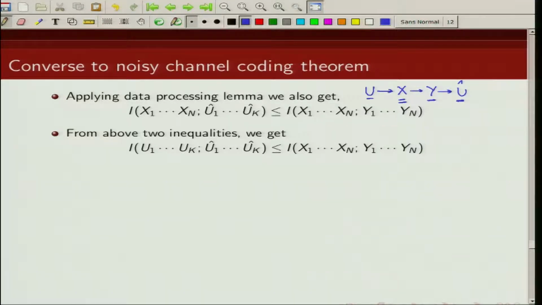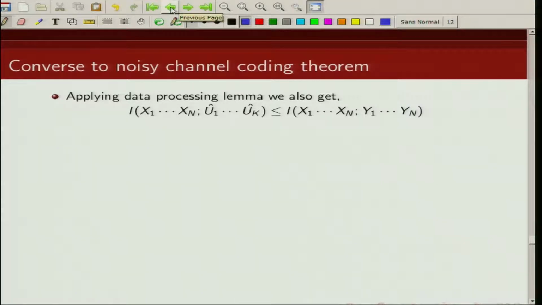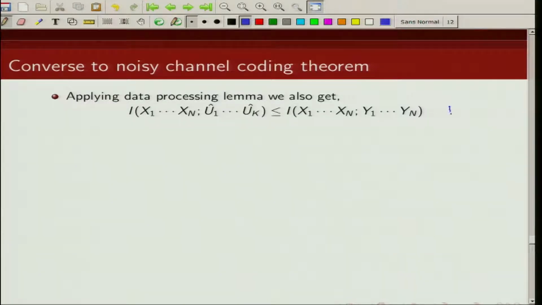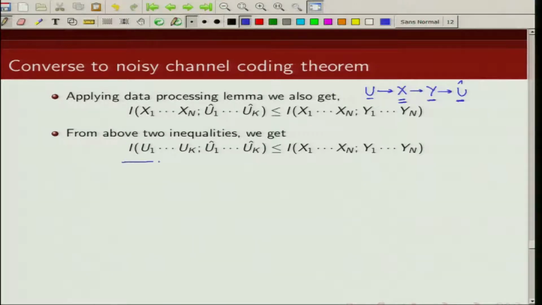So if we combine these two results, let's call it A and call it B, what I get is this condition: mutual information between u1, u2, uk and u1 hat, u2 hat, uk hat is less than mutual information between x1, x2, xn and y1, y2, yn.